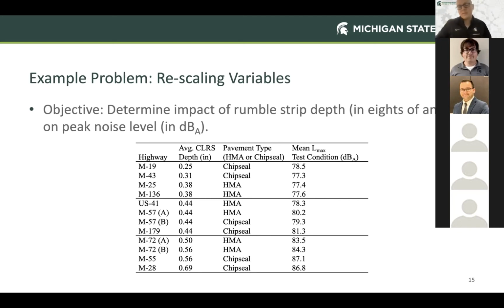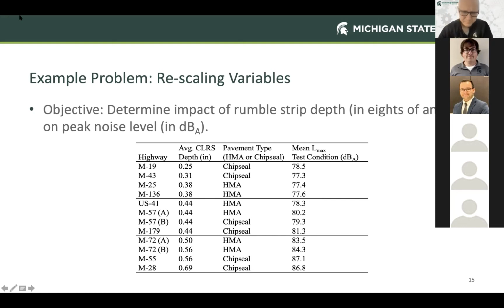Generally, these depths are milled at a depth of 3/8 plus or minus 1/8 of an inch. So a natural question is, what if we parameterize this model such that our depth, rather than being measured in inches, is measured in eighths of inches?